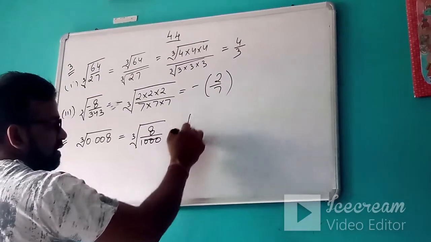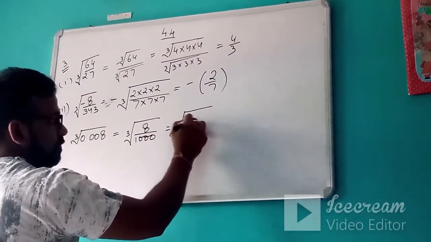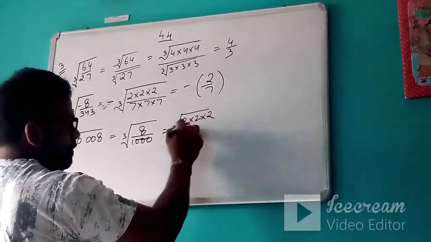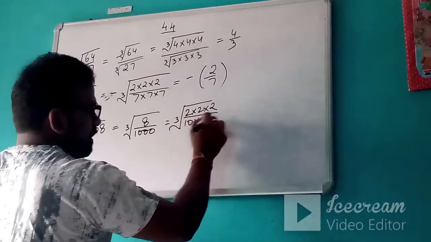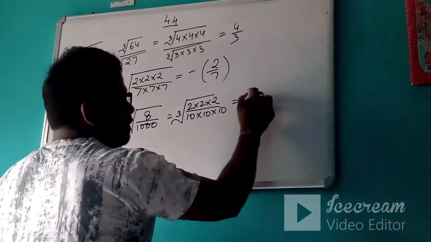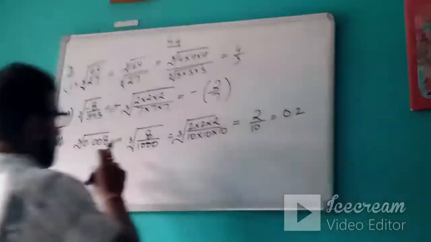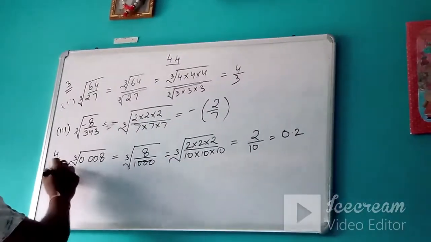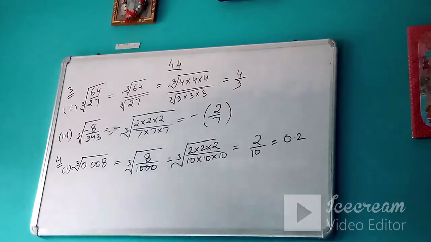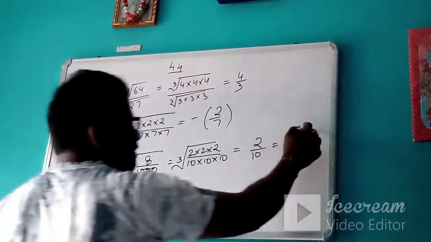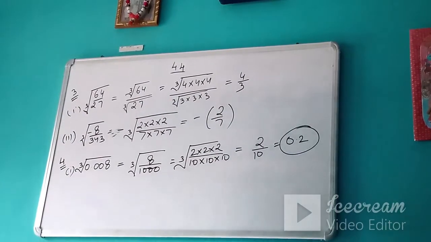Then it will be the cube root of 2 into 2 into 2 upon 10 into 10 into 10. So you will get 2 upon 10, and if the number is given in decimal, you leave the answer in decimal only. So the answer will be 0.2.